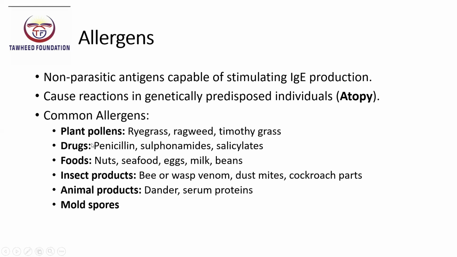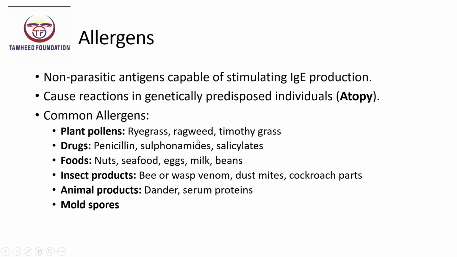So, common allergens include plant pollens like ragweed, ryegrass or timothy grass, drugs such as penicillins, sulfonamides, and salicylates, foods like nuts or seafoods, insect products like bee or wasp venom, dust mites or cockroach parts, animal products such as dander or serum proteins, and mold spores.